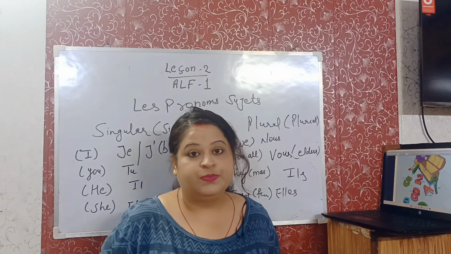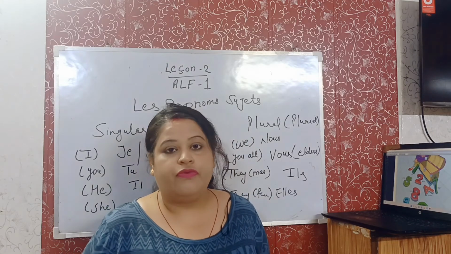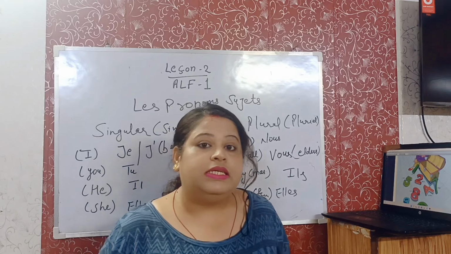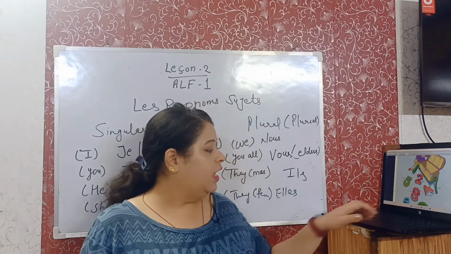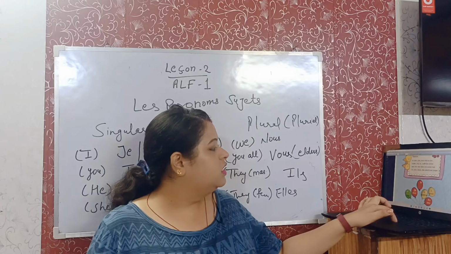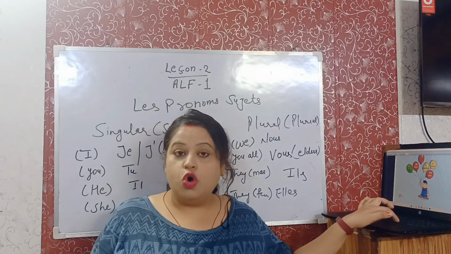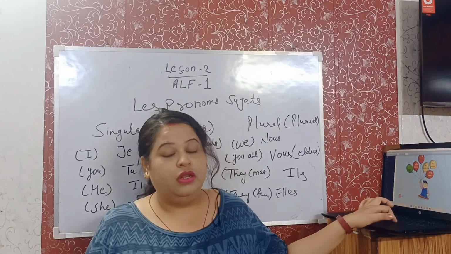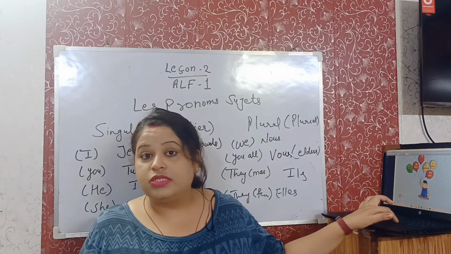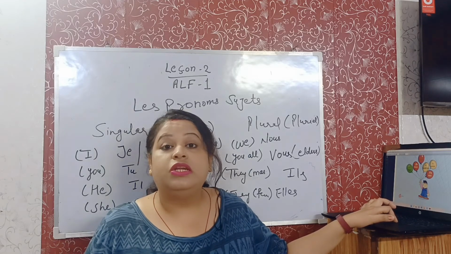8. Huit. 9. Neuf. 10. Dix. Here I have said the counting till 10. Now I am telling till 20. 11 to 20. 11. Onze. 12. Douze. 13.